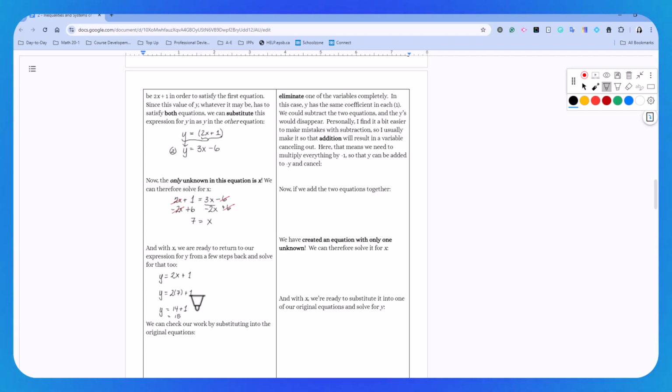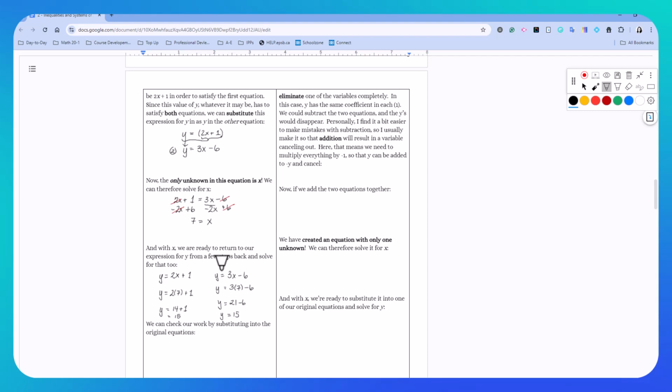Or we can do it with the other equation. So I say y equals 3 times 7 minus 6, y equals 21 minus 6, and y equals 15. So as you can see, we've gotten the same y value regardless of which equation we decided to substitute our known x in for.